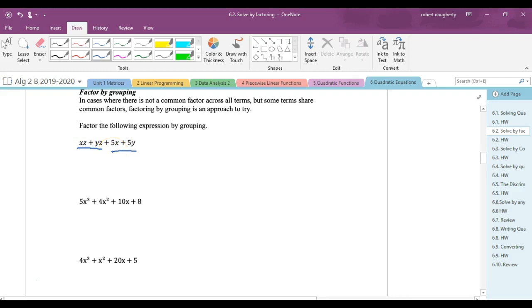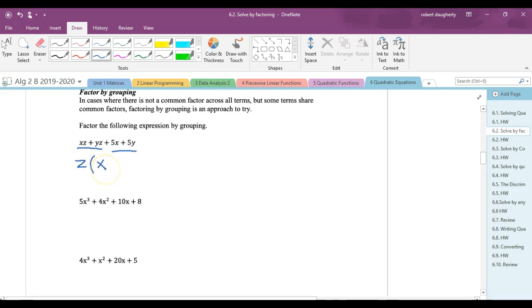What I want to do is factor out what the first two things have in common. So looking at these first two, what do they have in common? Z. So if I factor out a Z, well, there's XZ and YZ, okay? What do you multiply Z by so that you get XZ?